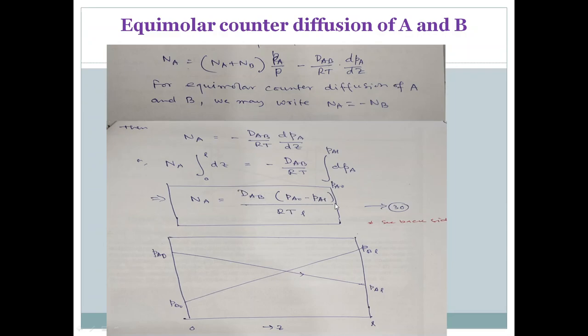Now here I have directly this driving force Pa0, so I need not make the calculations the way I did in case of diffusion of A through non-diffusing B. Now what I have to see is what will be my flux Na in terms of other concentrations.